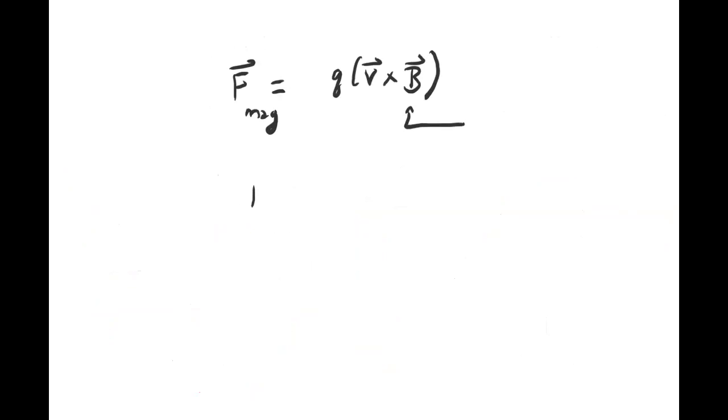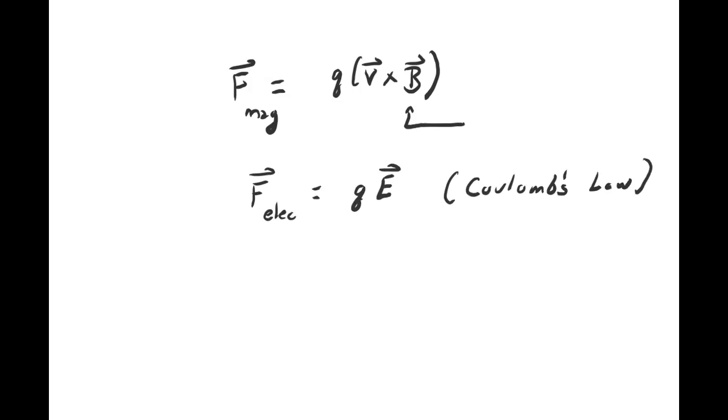I have to define what I mean by quite. It's more complicated than Coulomb's law. Coulomb's law says that if you have a charge in the presence of an electric field, then that electric field creates a force F on that particle, and the direction of that force is the same as the direction of the electric field vector.